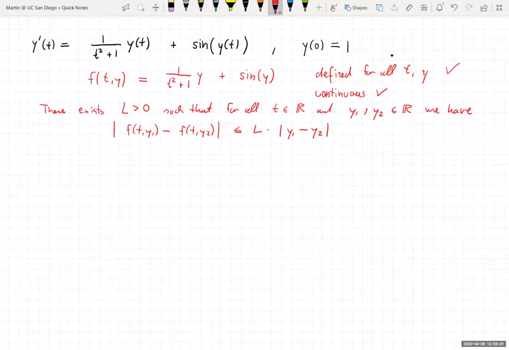And this constant L should not depend on the time t and should not depend on y1 and y2.